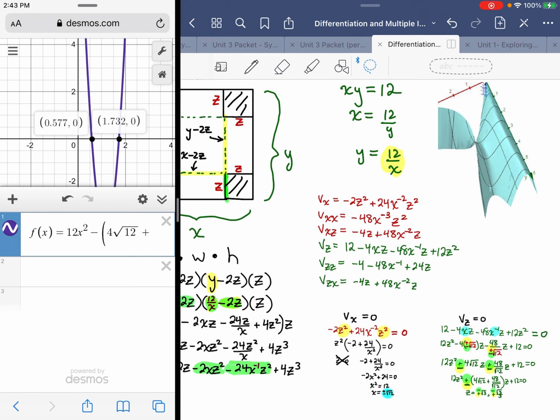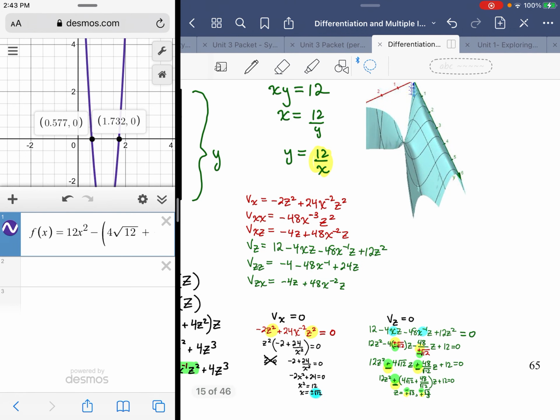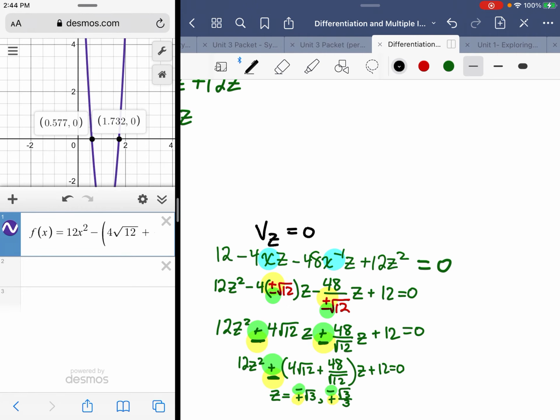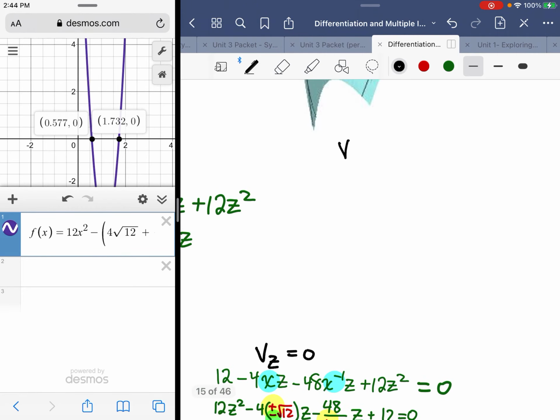So I'm going to get all of my good friends here: V sub xx, V sub zz, and the mixed second order partial V sub xz. I'll jot that down somewhere over here.